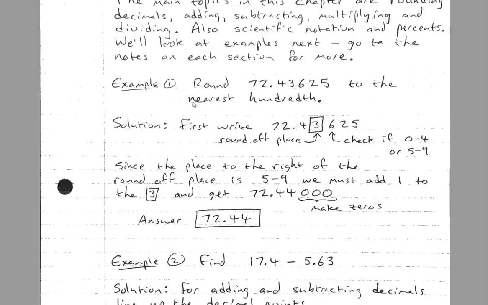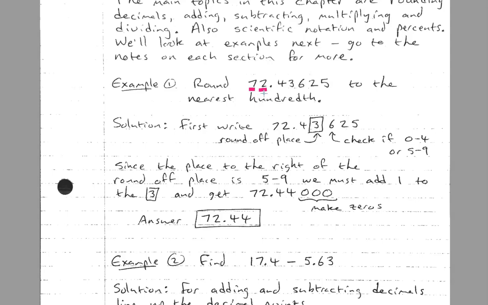Okay, how about a rounding problem? So example 1, round this decimal to the nearest hundredth. So remember the places. So this 2 represents ones.